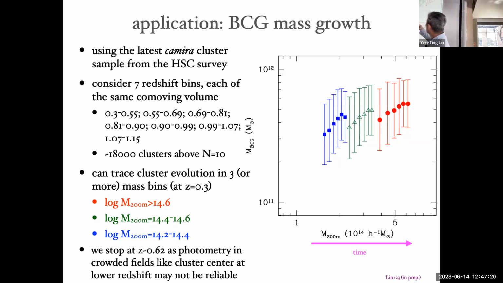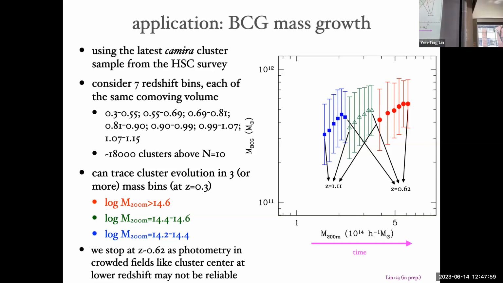The red, green, and blue represent the most massive, intermediate, and lower mass clusters selected at redshift 0.3. So we can see how BCGs grow with time. The points to the left are measurements at redshift 1.11, and the points on the right are measurements at redshift 0.62. So we see a fast growth at high redshift, and then the growth slows down, which is in agreement with what we have found before.